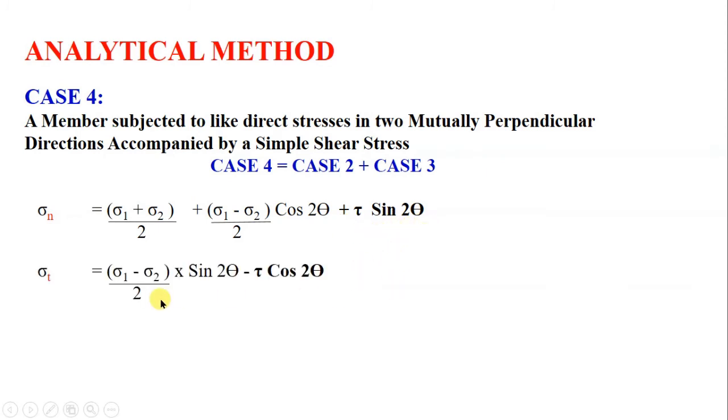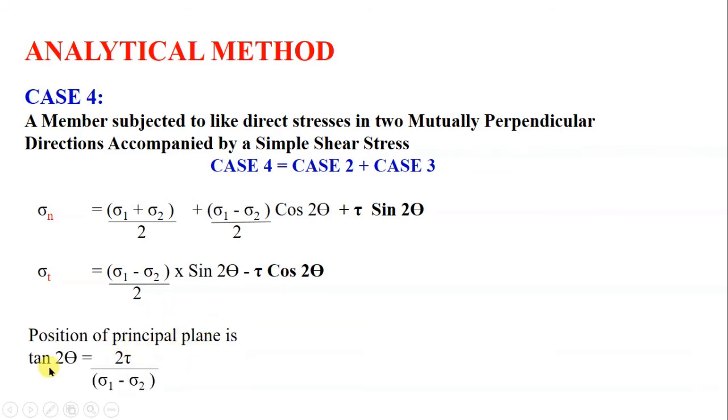Similarly, for sigma t, case 2 was sigma 1 minus sigma 2 by 2 into sin 2 theta and case 3 was minus tau cos 2 theta. So adding those two we get this equation. And in case 4, the position of the principal plane we can calculate with this formula, tan 2 theta is equal to 2 tau by sigma 1 minus sigma 2.